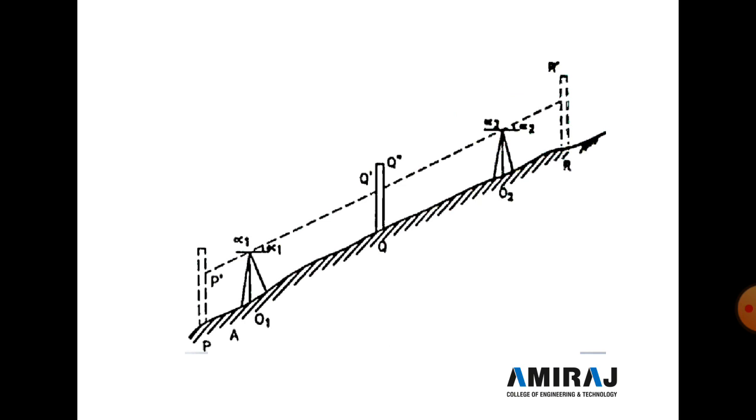Now RL of R is RL of Q double dash plus QR sin alpha 2 minus PR. This is the equation for finding the RL of point R, and this method is indirect leveling of a steep slope.